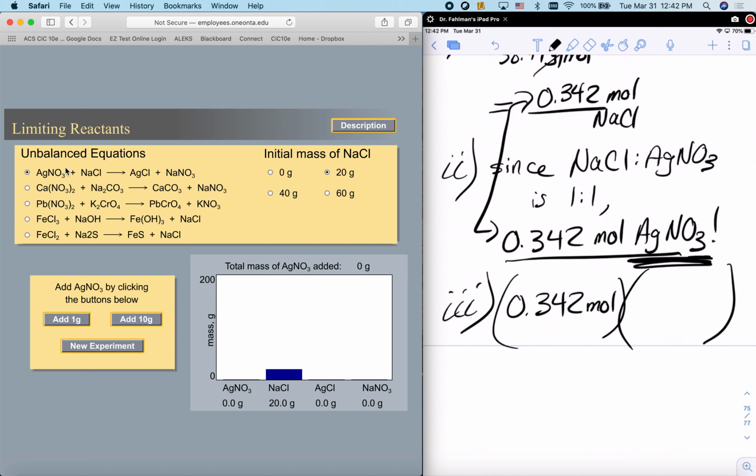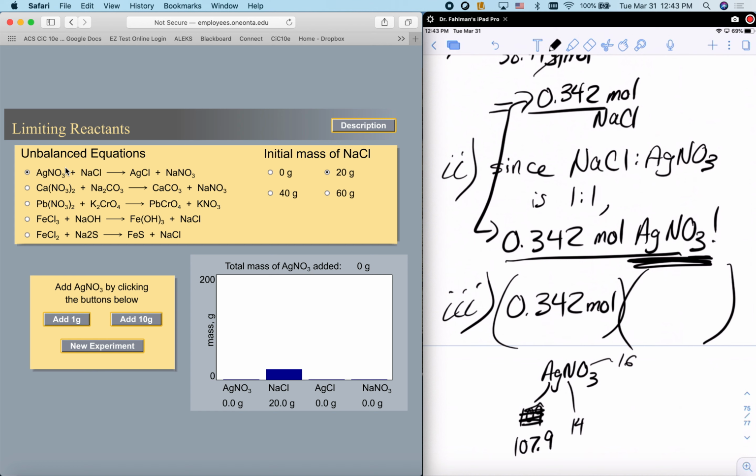So silver is 107.9. Nitrogen is 14, and then each oxygen is 16. So we'll just add those up here, the molar mass, in other words.